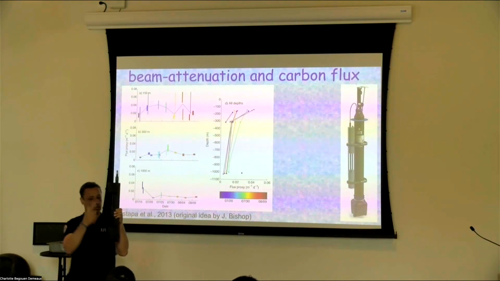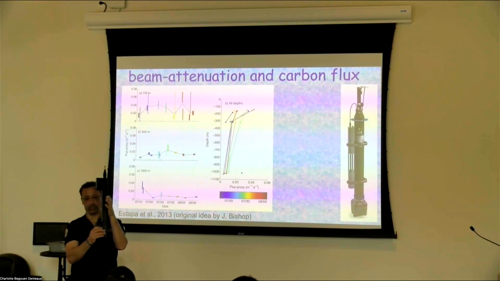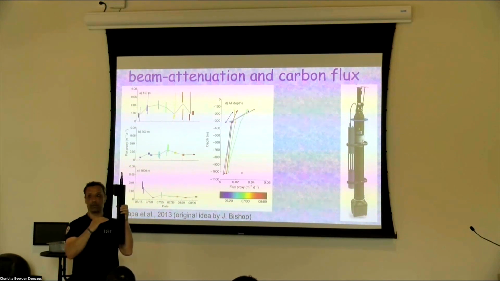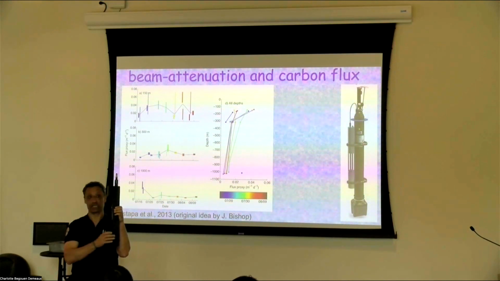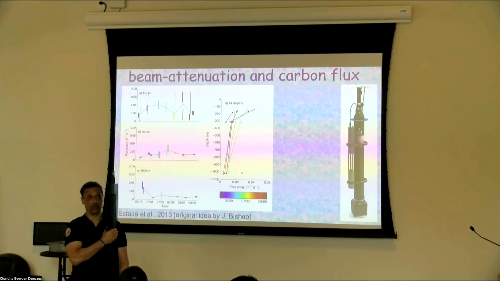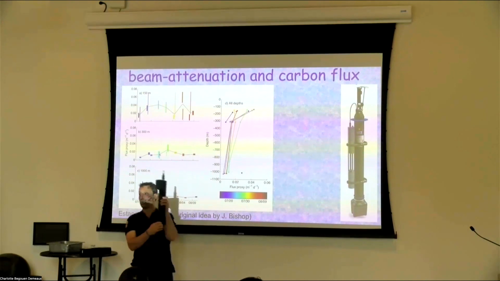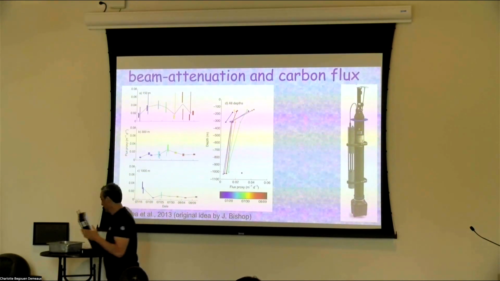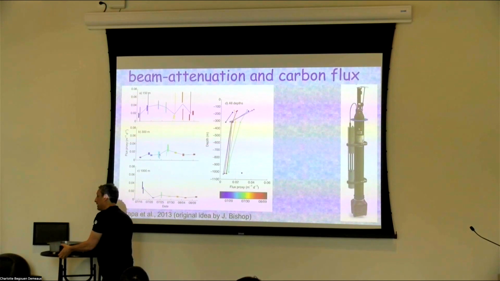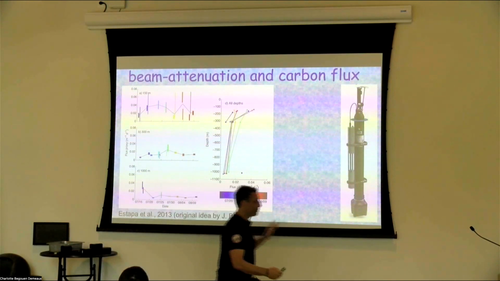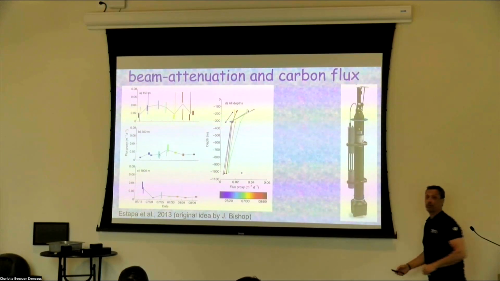And if I start measuring beam attenuation at a certain depth, starting to fall down, then that tells me something about carbon export. That's something we really want to know, because that's what the ocean sinks from the atmosphere. So you park it at different depths, and you're measuring how export differs at different depths. Meg is the specialist to go to if you want to learn more about it, but this is the type of instrument they put on floats to do that.